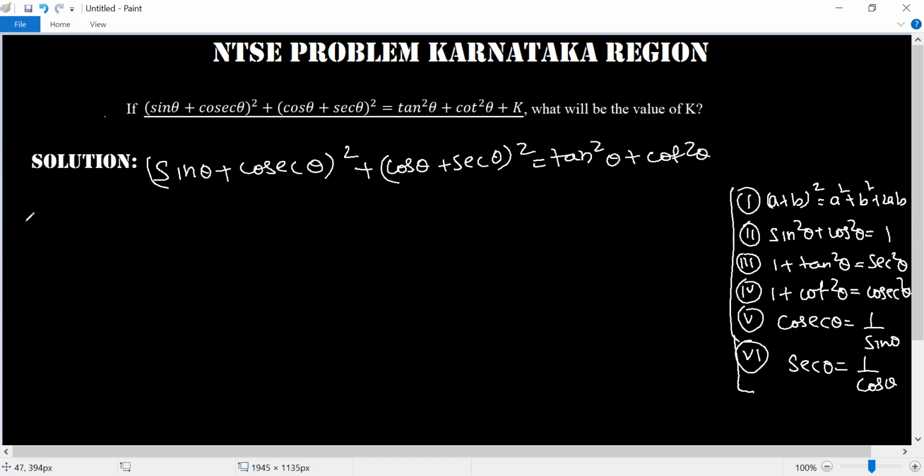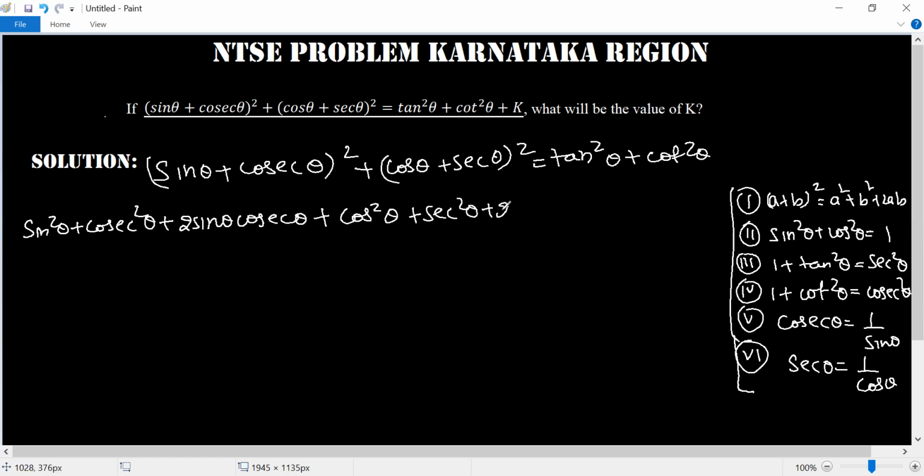First, opening the brackets: sin square theta plus cosec square theta plus 2 sin theta cosec theta plus, again opening the bracket, cos square theta plus sec square theta plus 2 cos theta into sec theta, is equal to tan square theta plus cot square theta plus k, which is also mentioned in the question, so I am adding plus k.